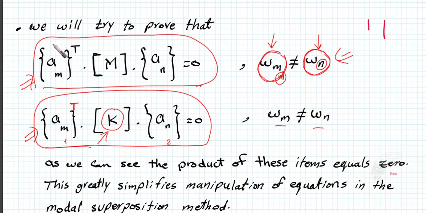we are going to face multi-degree freedom systems. Whenever we can see this arrangement of the mode shapes and the mass matrix, or the mode shapes and the stiffness matrix, we can simply put it as 0. As we are going to see later, for modal superposition this arrangement of vectors and matrices is going to be frequently encountered.